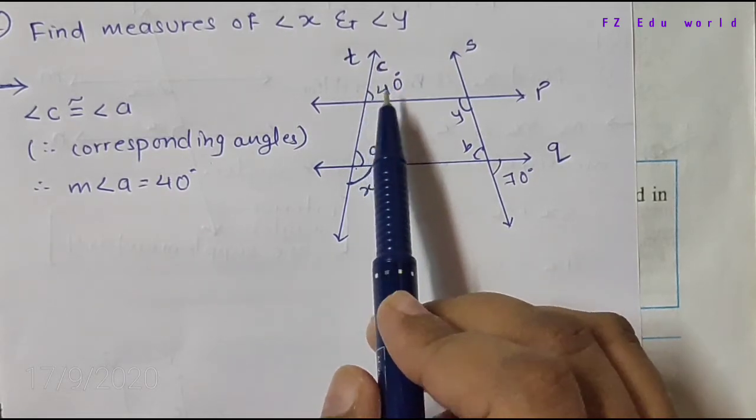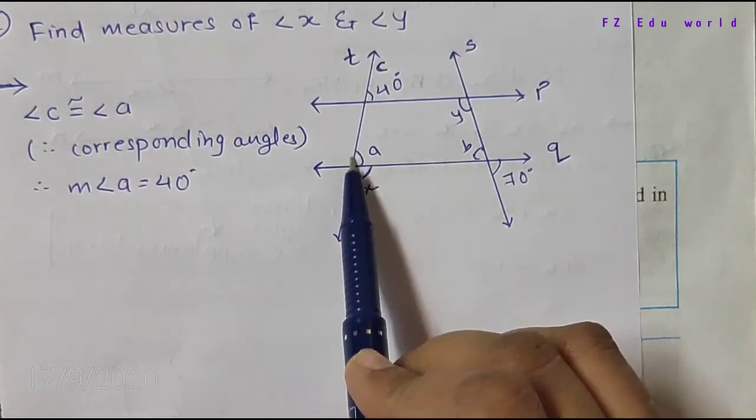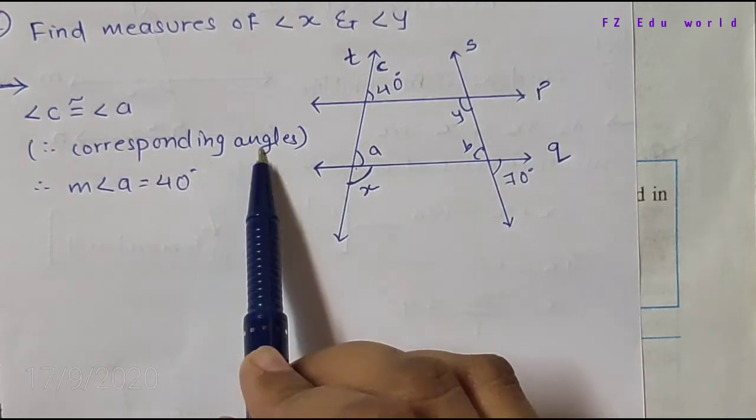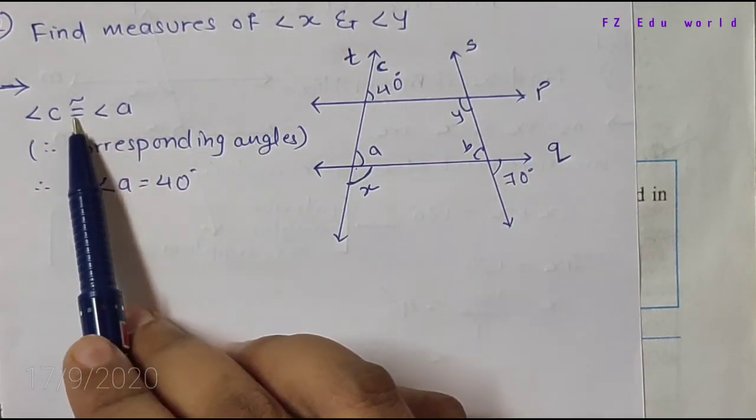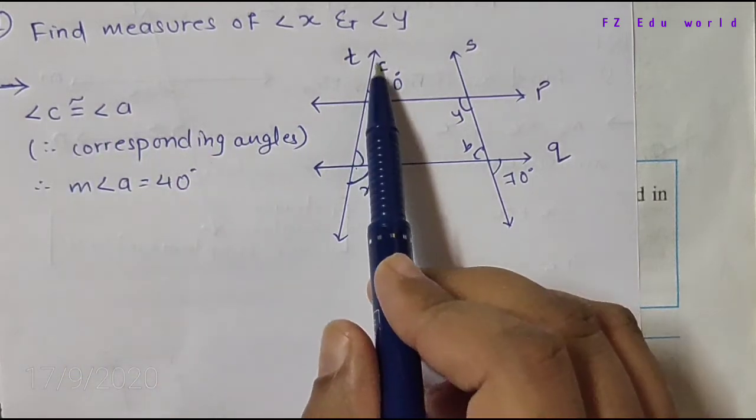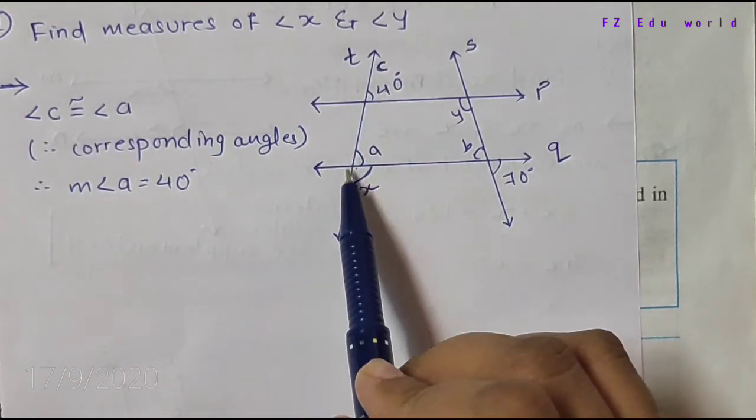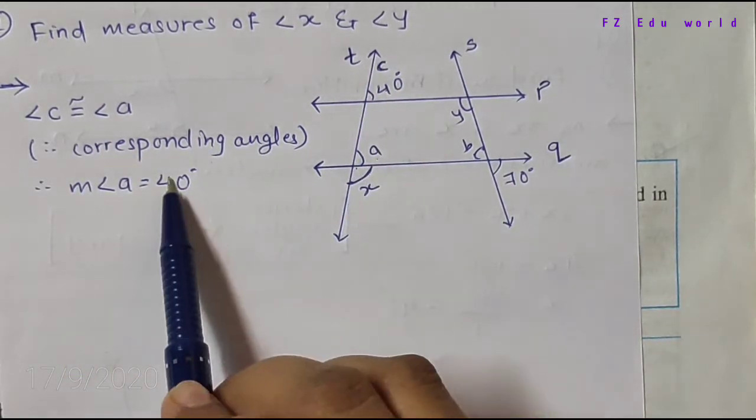Now see here, angle C and angle A are corresponding angles, and we know that corresponding angles are congruent. So if angle C measures 40 degrees, then angle A also measures 40 degrees.